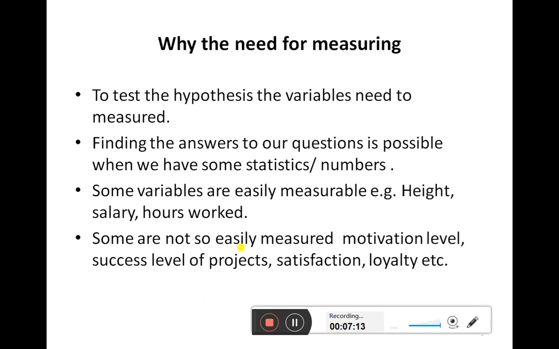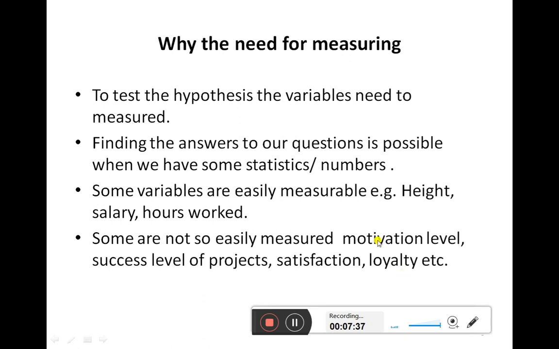But we have some variables which we are not able to measure directly. These are subjective in nature, or we can say abstract or construct in nature. For example, the motivation level of employees within an organization, the success level of a project, employee satisfaction, employee commitment, employee loyalty.